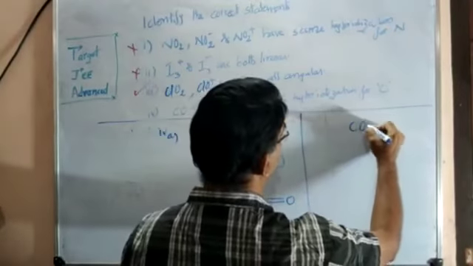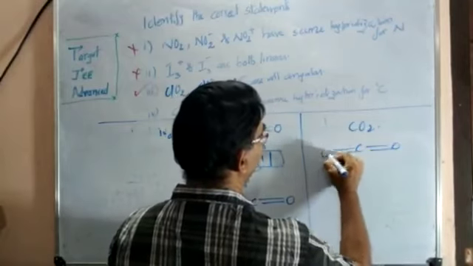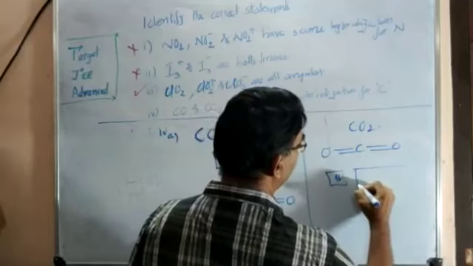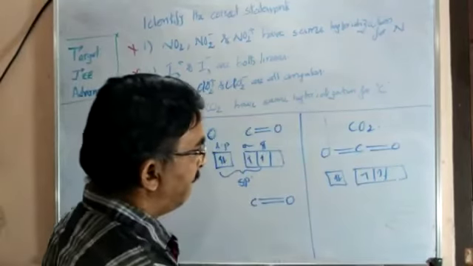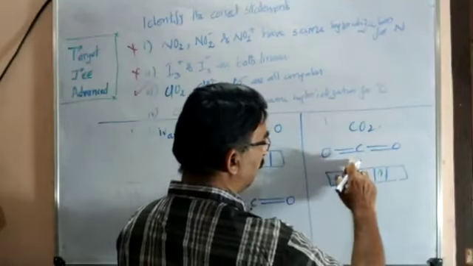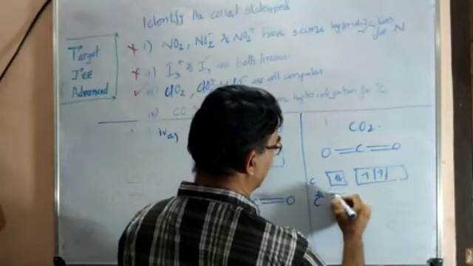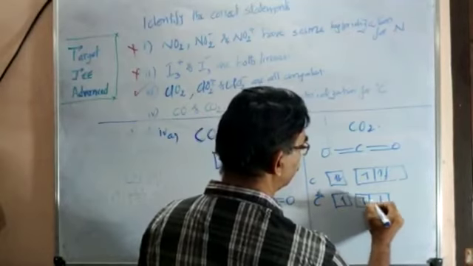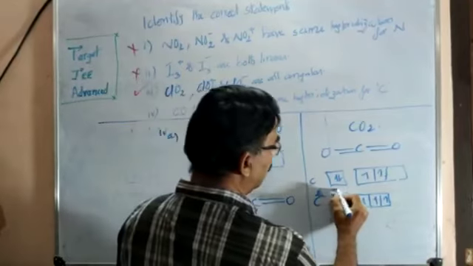CO2. Rough diagram like this. Electronic configuration. It wants 2 sigma bonds and 2 pi bonds, but there are only 2 electrons, so we have to consider excitation. Only 2 bonds are sigma, 2 are pi.